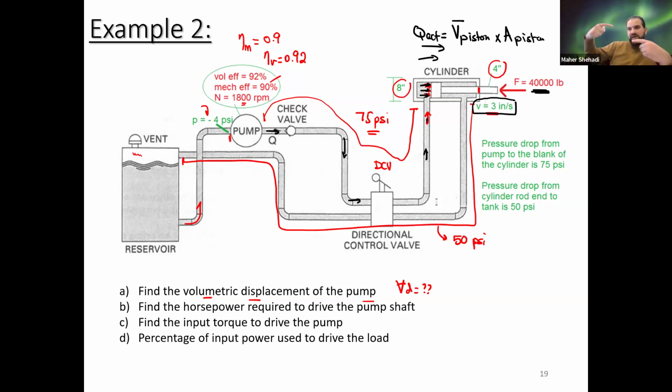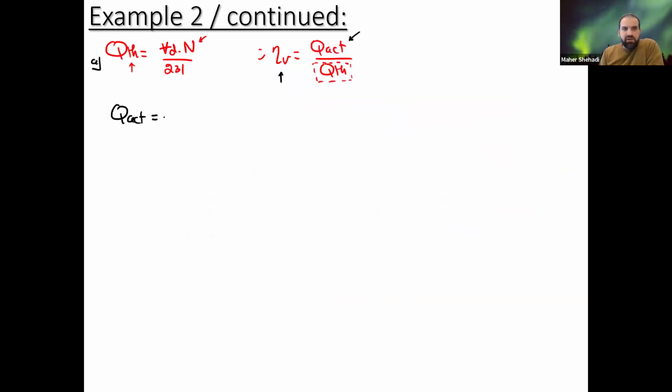If it's the other way, if it's retract, then it's A piston minus A of the rod. That's why I said it's important to know the lines, which one is going in and which one is out. So Q actual is V piston, and that's all the way going back to the pump. So that's why I can use the piston delivery or the measured values for the piston.